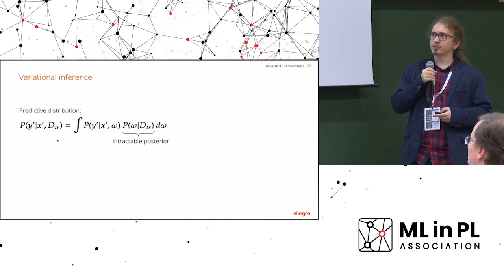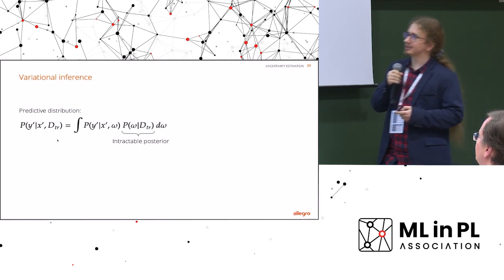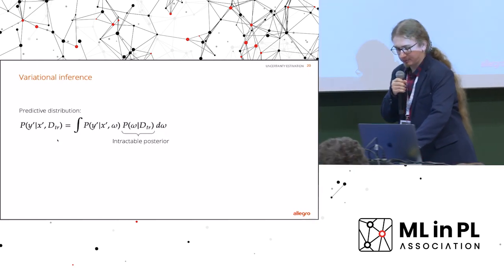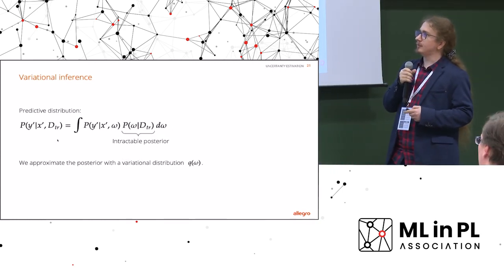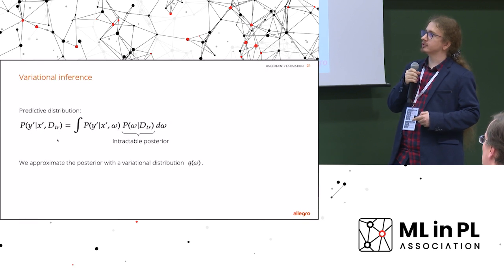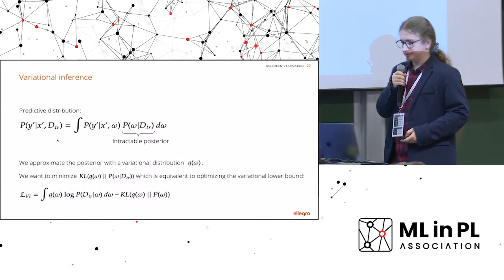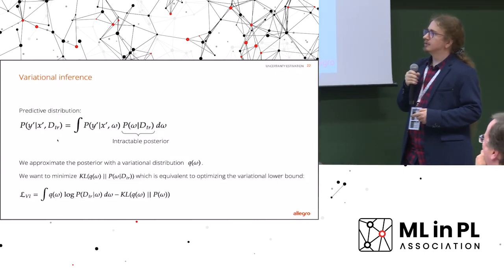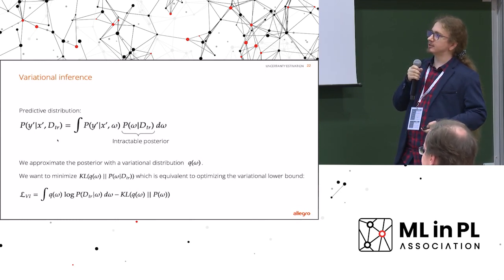Those of you who participated in the talk today in the morning might remember some of this. This is basically the same principle. We approximate this posterior with some variational distribution Q. This Q is chosen in a way that we want to minimize the Kullback-Leibler divergence between this variational distribution and the true posterior.